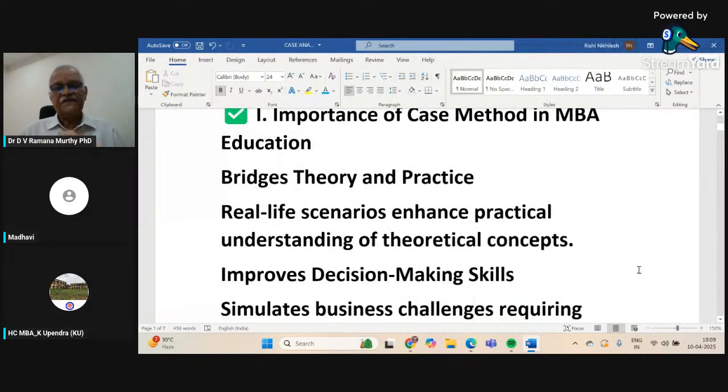The second is that real life scenarios normally enhance your practical approach to answering different things. Instead of staying in textbooks, come out and work on real cases. Then understanding of theoretical concepts is more practical. For example, you study how branding is to be done, in marketing, as an example.